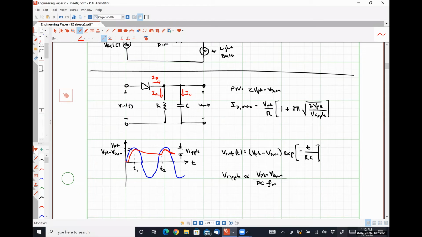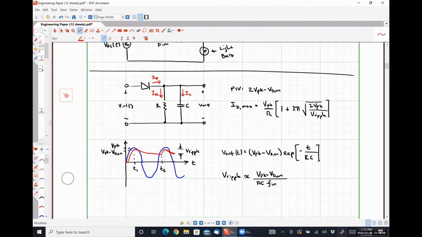And so if our output voltage changes abruptly or quickly, that contribution of IC is going to force the diode to draw a lot of current for a very small amount of time.